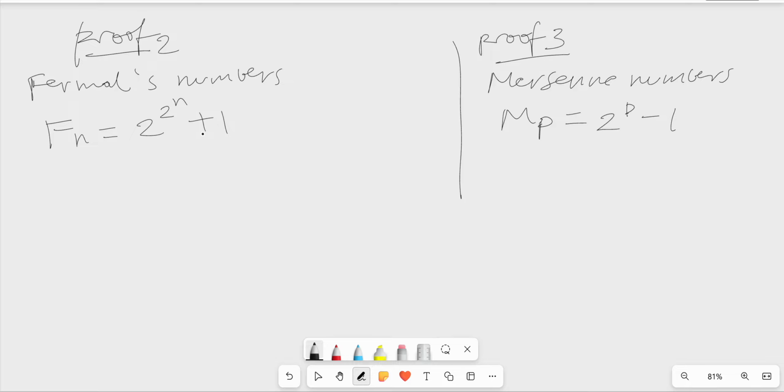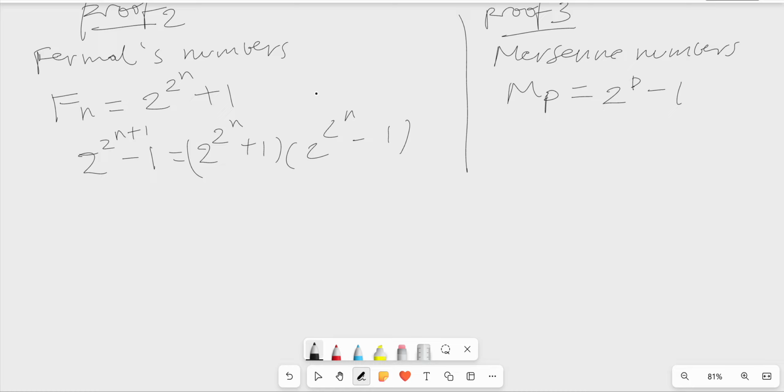For proof 2, let's do this one. We know how to factorize this. This is one of the basic things we start with when we are doing factorization in mathematics. And from here, we can keep factorizing this one.